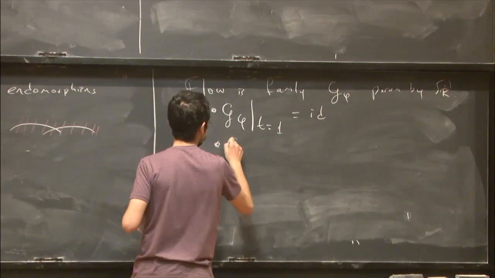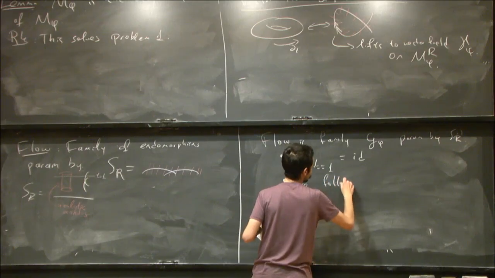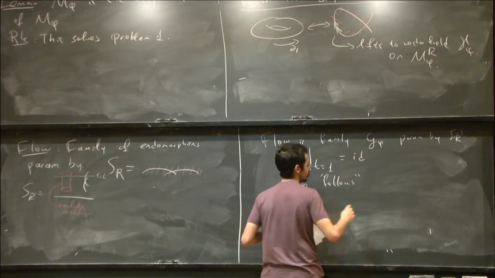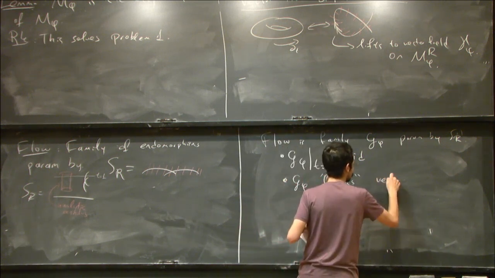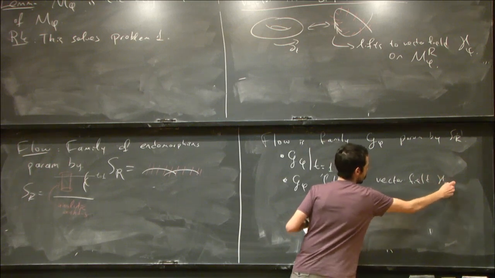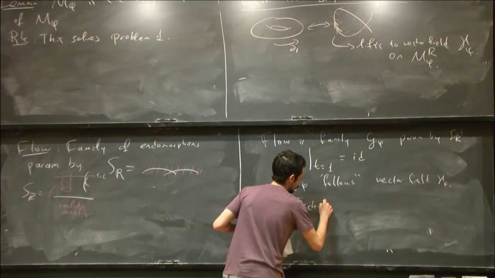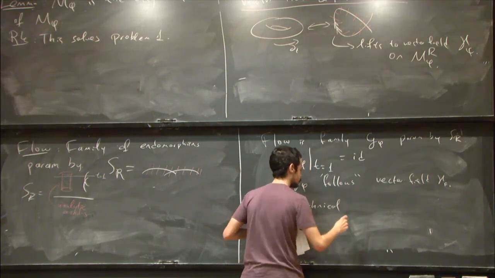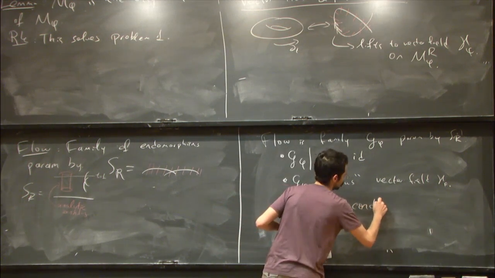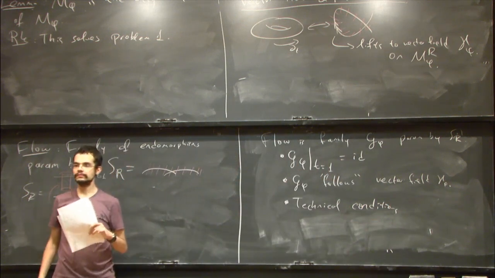Another condition I have is the flow condition. This follows, I will not tell the meaning of follows, it's too technical, vector field gamma phi. And the third is a technical condition. In algebraic geometric world, this technical condition would roughly translate as the coherence of G phi.